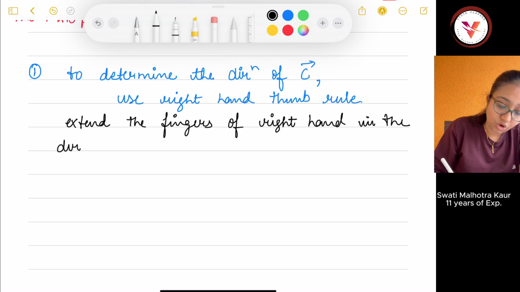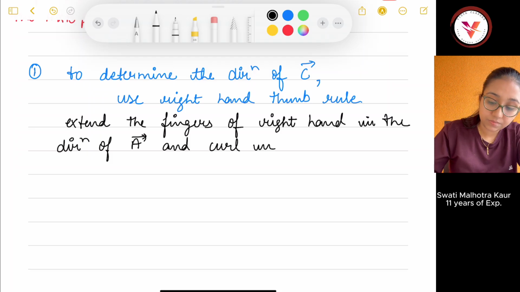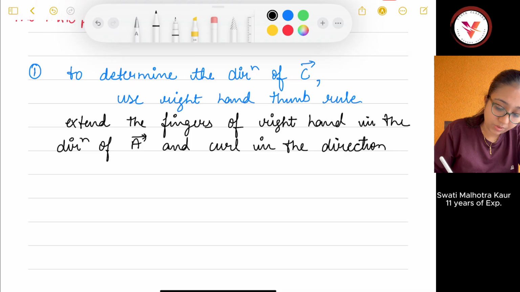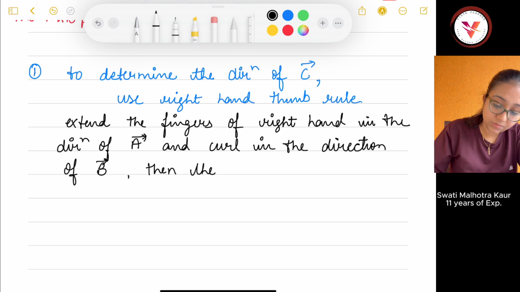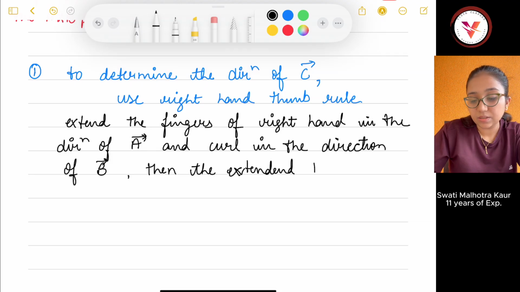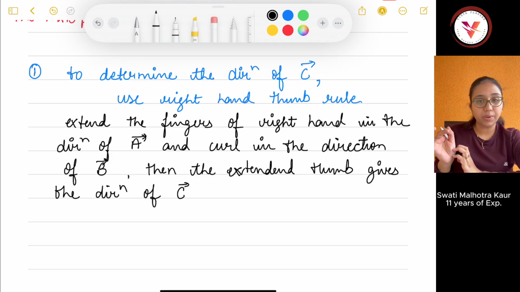In the direction of the A vector, and curl towards the B vector, and then the extended thumb gives you the direction of the C vector. Okay, it is like that.